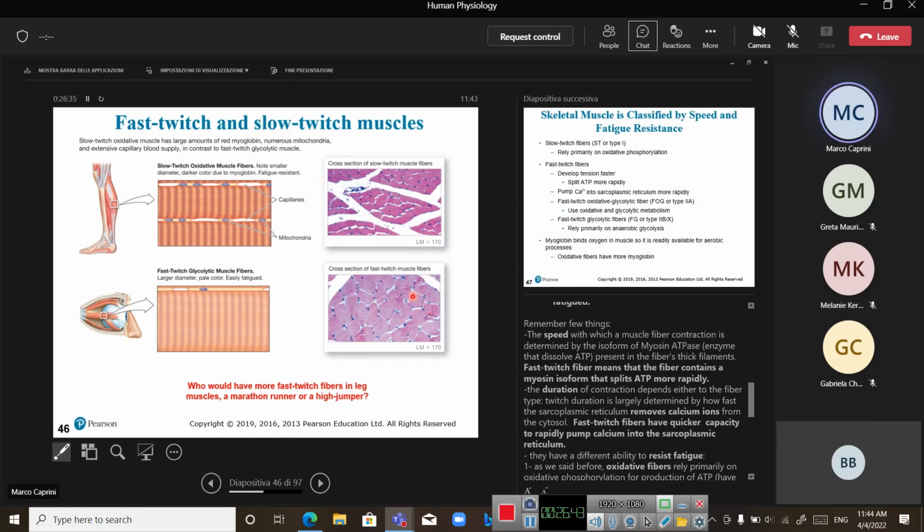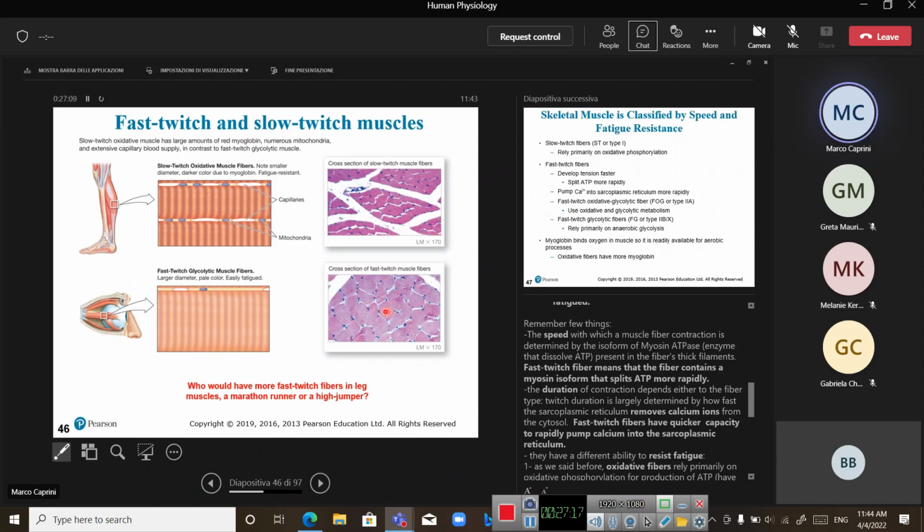The twitch duration is largely determined by how fast the sarcoplasmic reticulum removes calcium ions from the intracellular part of the skeletal muscle, from the cytosol. Fast twitch fibers have a quicker capacity to rapidly pump the calcium ions into the sarcoplasmic reticulum.